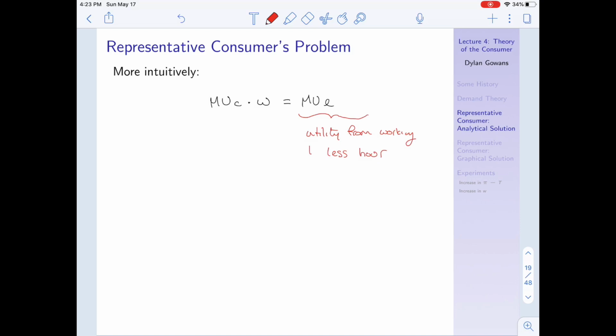On the other side, this is the utility I get from working one more hour, earning the wage W, and consuming W units.